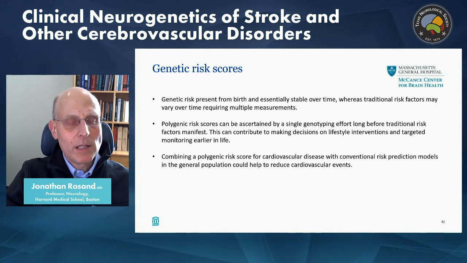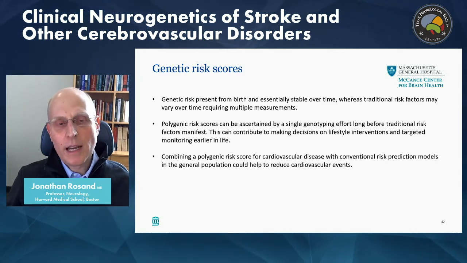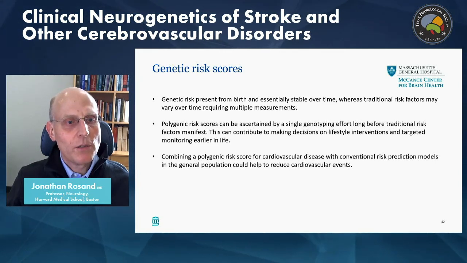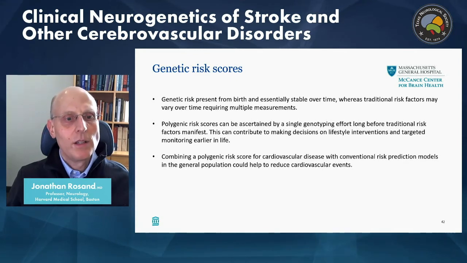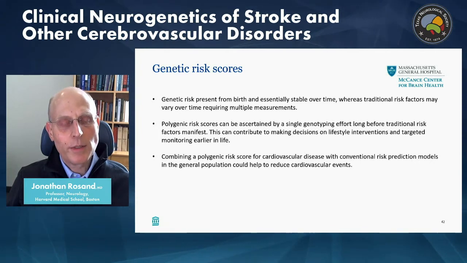Unlike serum biomarkers, like lipid levels, you don't have to measure them over time. Polygenic risk scores can be ascertained once. If somebody gets their genome sequenced and their score remains available, you don't have to resample it for their lifetime. So you can always go back to it.